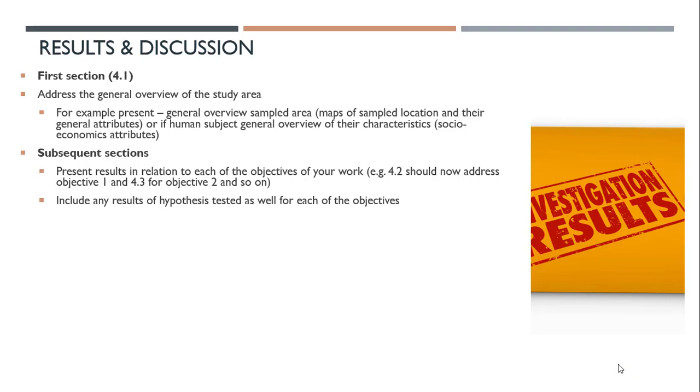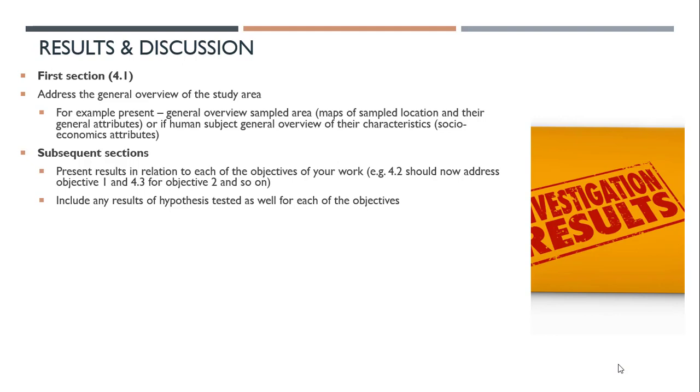Then I move on to 4.2, 4.3 to address each of the objectives by tying the result to it. So the result could be general presentation of data and also the result of the hypothesis testing. That is what is presented there.